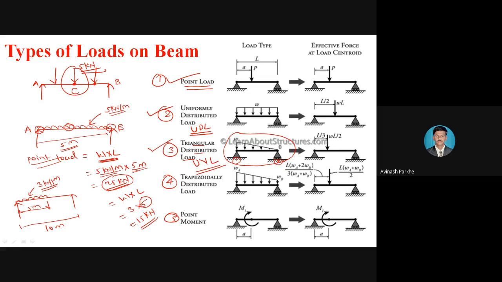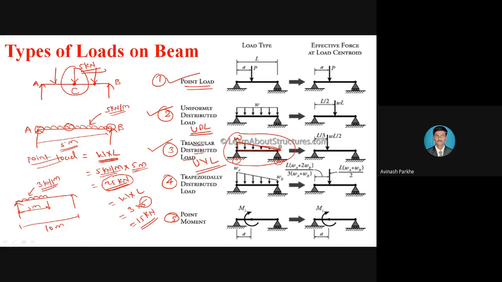You can see in this particular figure, one triangle is there. Okay, this is the triangle. This W is present at the left side. That means the intensity is maximum at the left side. And from this top point, the load continuously decreases towards the right point.